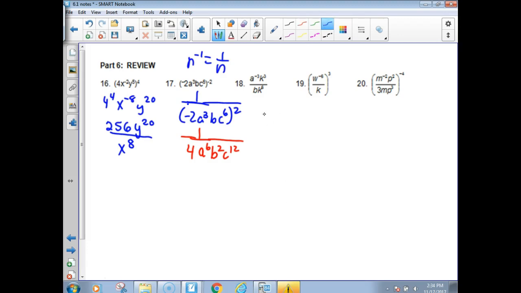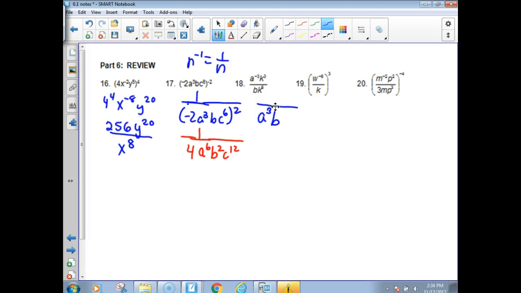Okay. I have some k's. Is the k on the bottom k to the 6th? Alrighty, so where do we have more k's? All right, and that a to the negative 3 can't stay there because it has to become positive, so it gets to go to the basement. So we put a to the 3rd on the bottom. And then you just told me you have more k's on the bottom. And that b doesn't have any reason to move, so it stays down there.